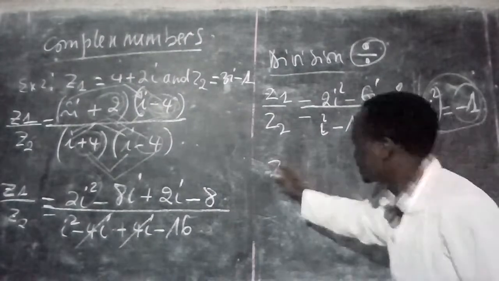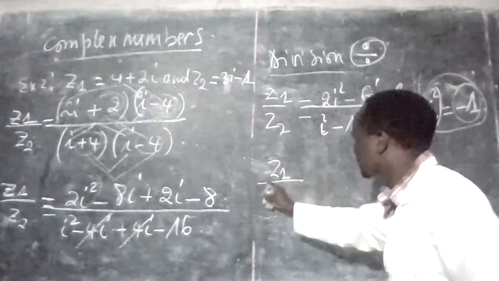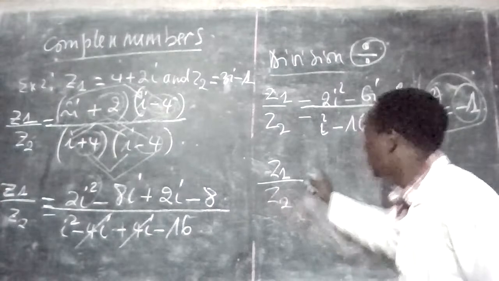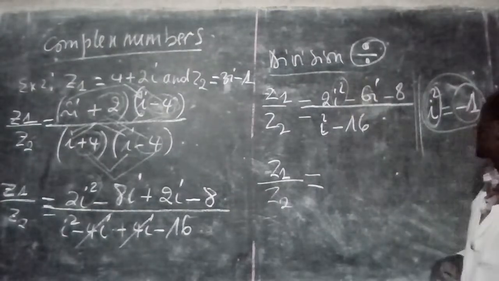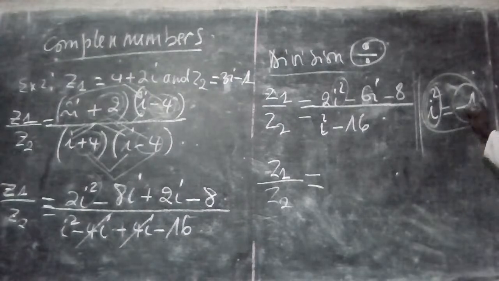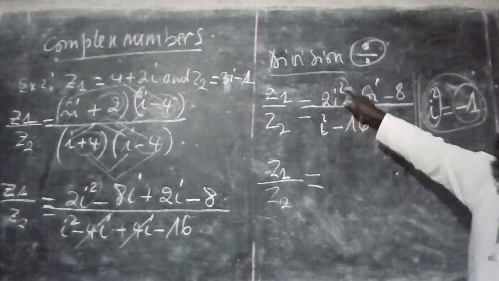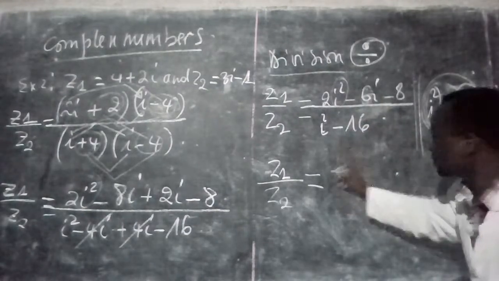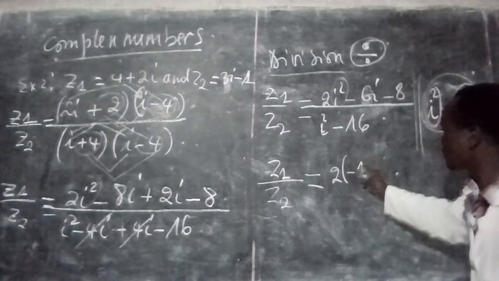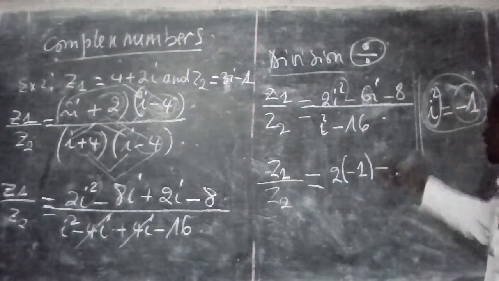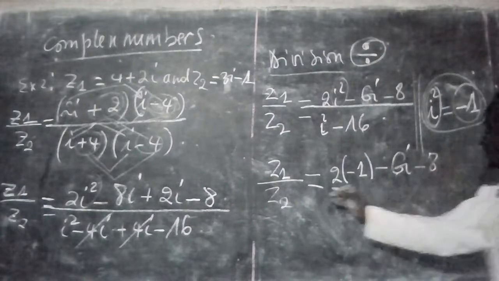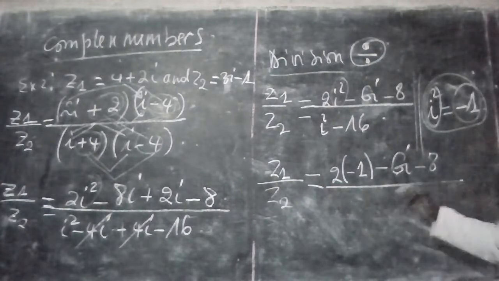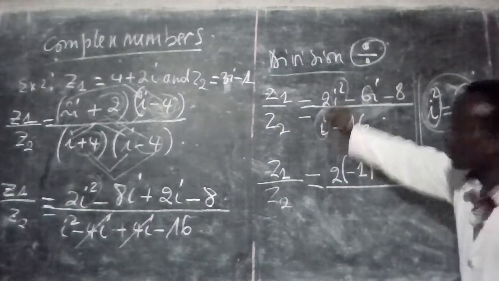Yes? Now let's move. It is Z1 over Z2, which is equal to, here you see we have I square, means that we have to put this minus 1 in the place of this I square. This is 2 times minus 1 minus 6I minus 8 over, this is also I square.